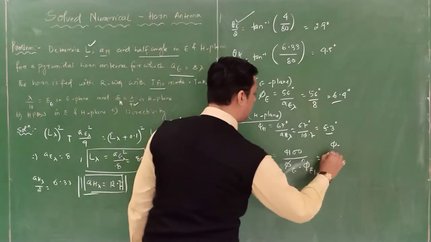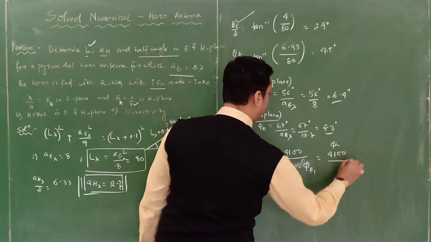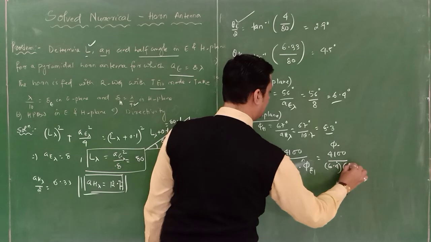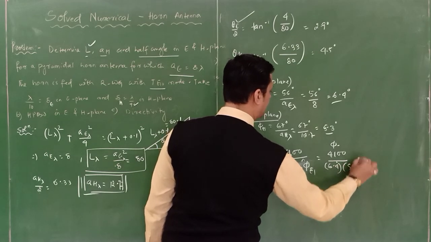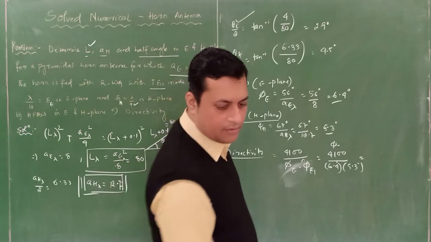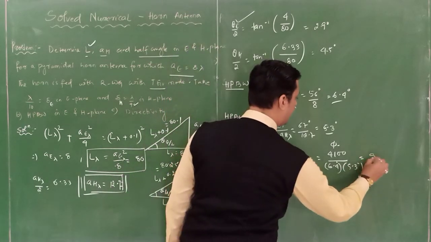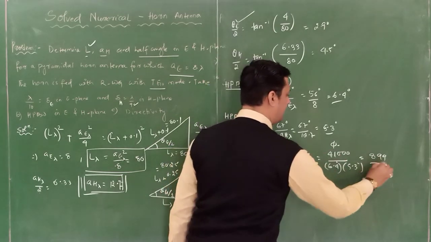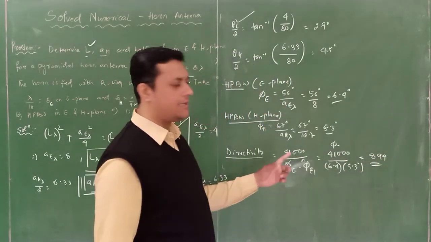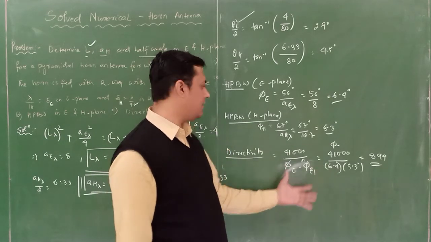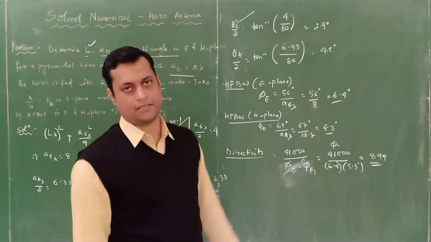You have to substitute as 41000 divided by 6.4 degree into 5.3 degree, and you will get around 894. So my directivity is 894. Take 10 log of 894. You will get the value in terms of decibels.